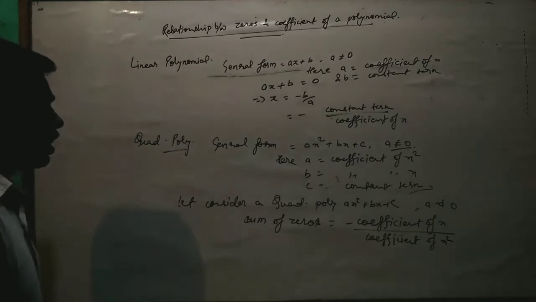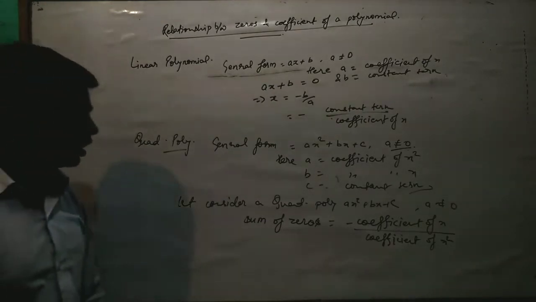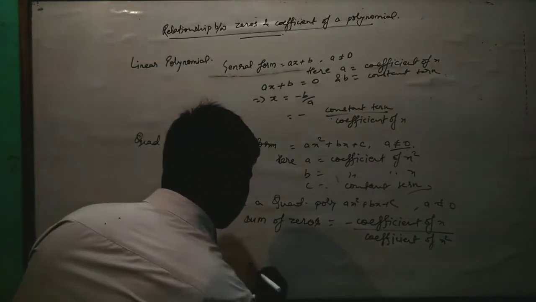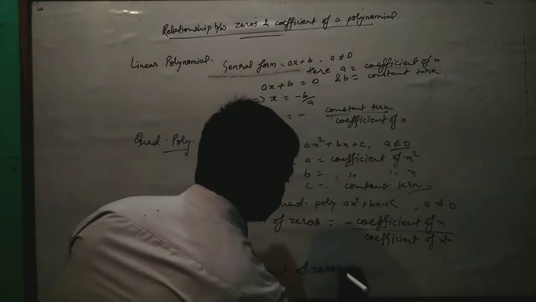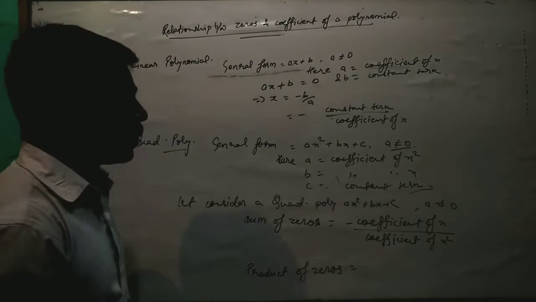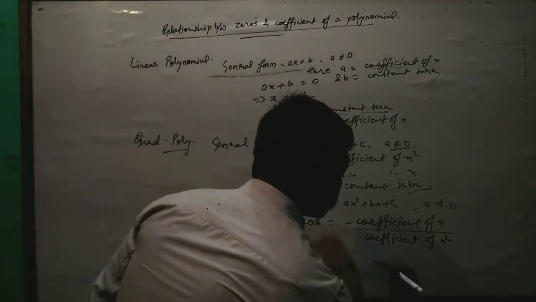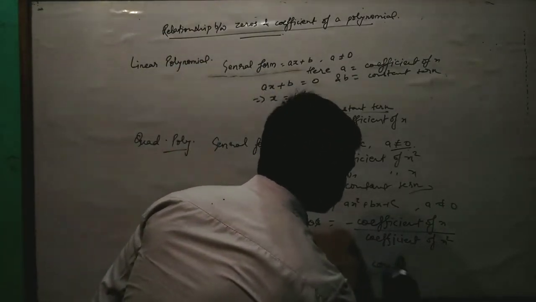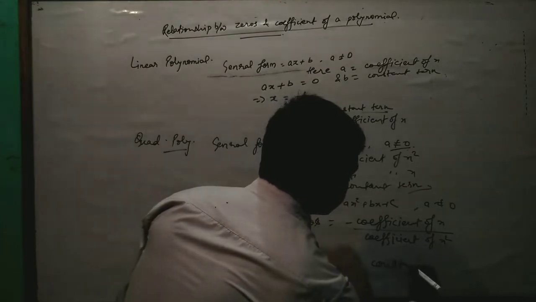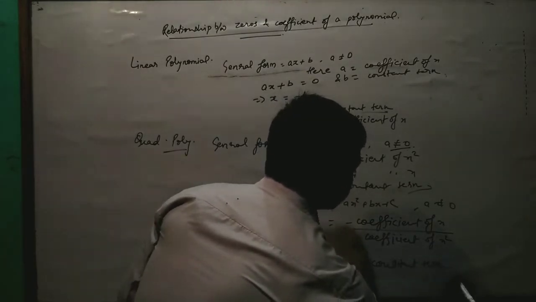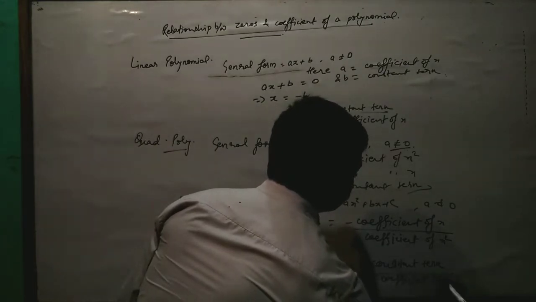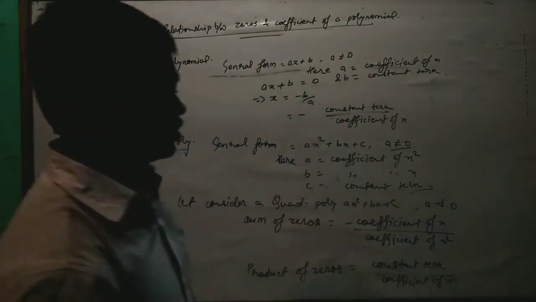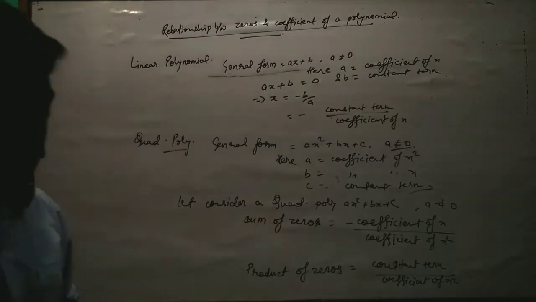Next, the second relation: the product of zeros is equal to the constant term by the coefficient of x square. That is the relation.